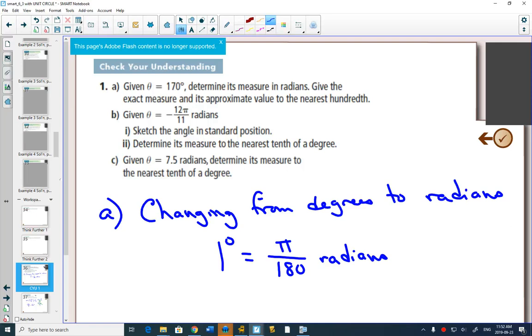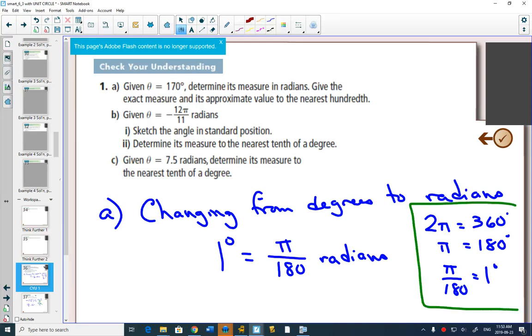Because I know that 2 pi radians is 360 degrees, I know that 180 degrees is pi radians, and I can just divide by 180 to get 1 degree by itself. So for some of you, you will just use logic to refigure this out. Others of you, after figuring it out a couple of times, will just have it memorized.